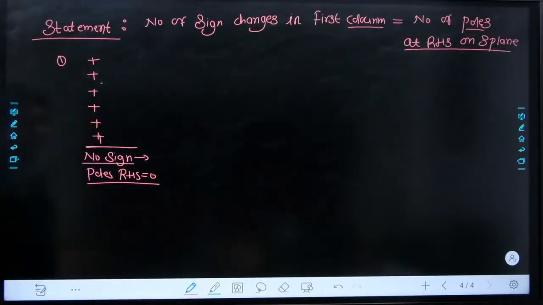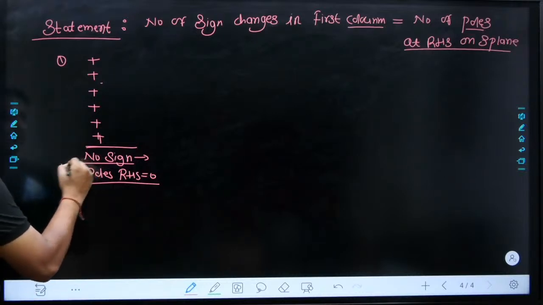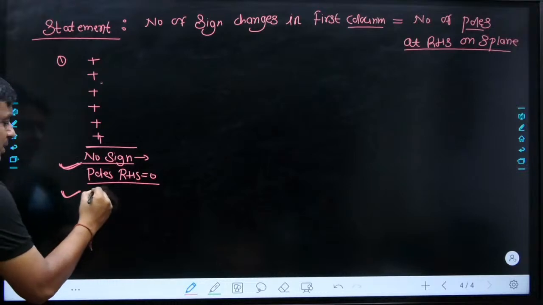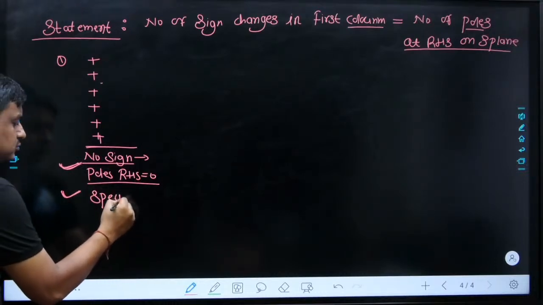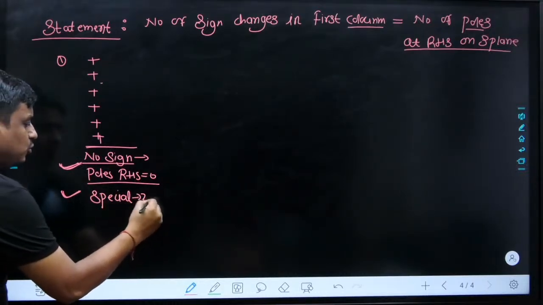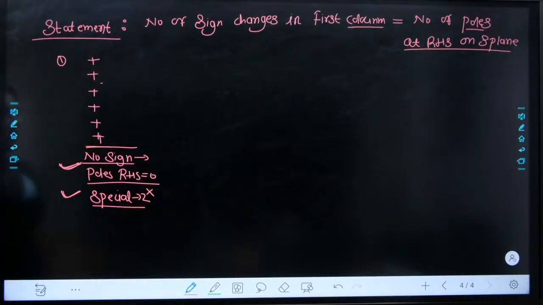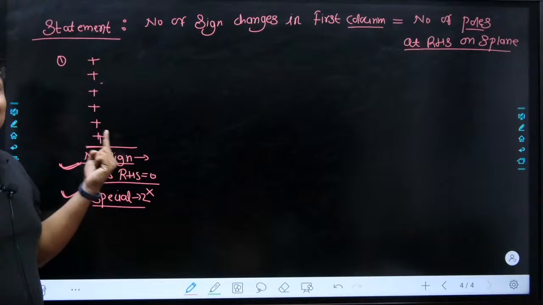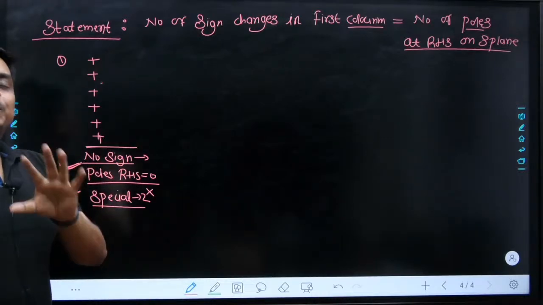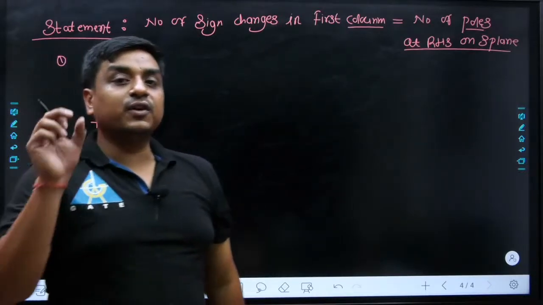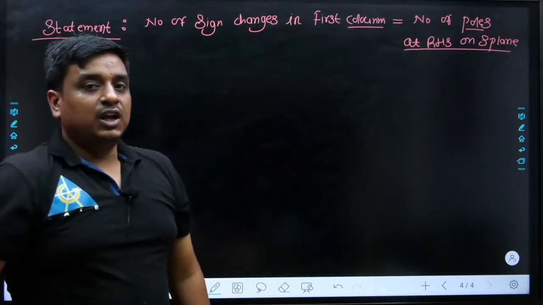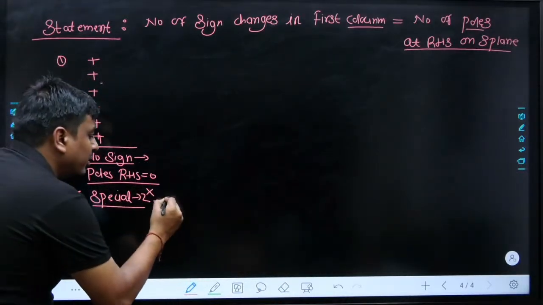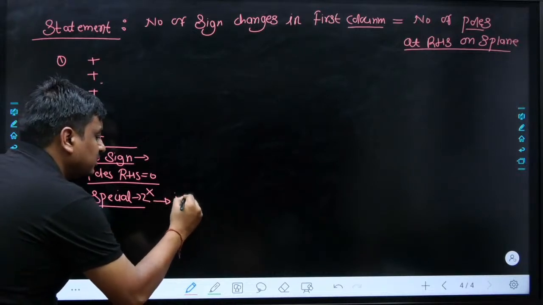See, until and unless you make a special case 2, may I know whether it is the case of special case 2 or not? No, because the first term, all of the terms were non-zero and even positive. Special case 2 would arrive only if the first element is 0 in a complete 0 row. If special case 2 does not arrive, keep in mind there is no pole over the j omega axis.